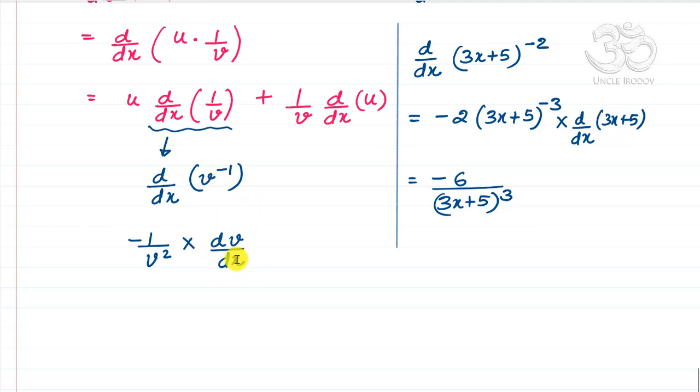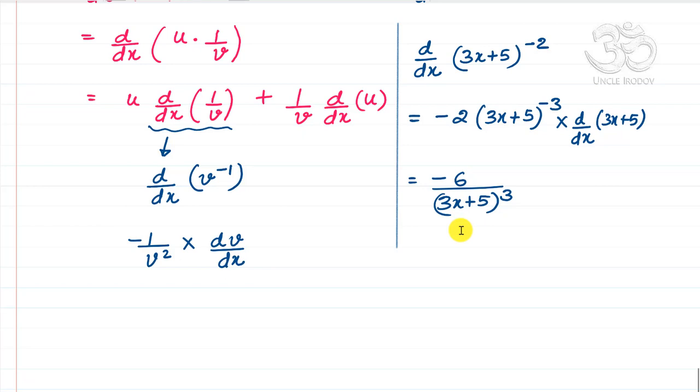We cannot find this term because we have no clue about the exact format of this function v. But if the exact format of this function v is known, then we will be able to find this term also, like we did here on the right hand side. So it was like d by dx of v raised to the power minus 2. So it was minus 2 v raised to the power minus 3 into d by dx of v again. And you got the whole answer, right?